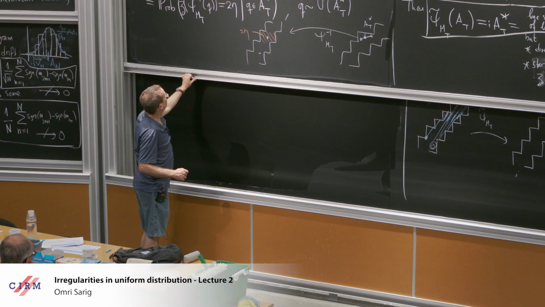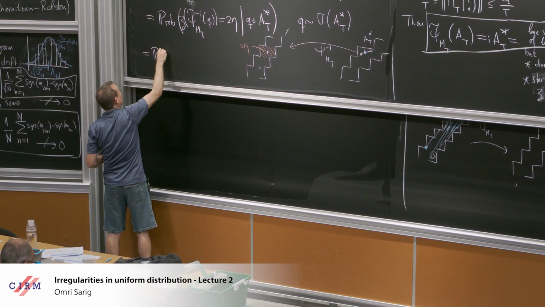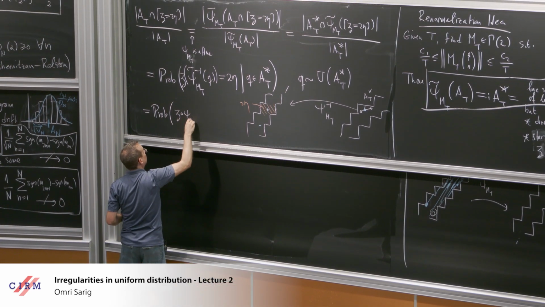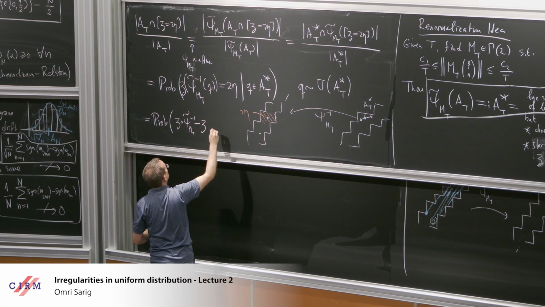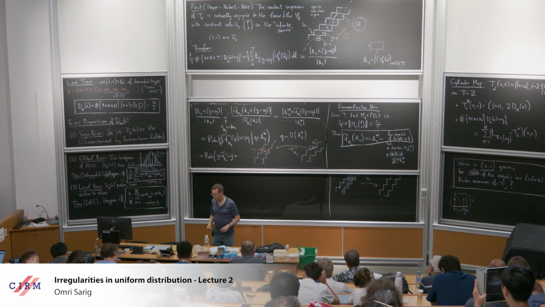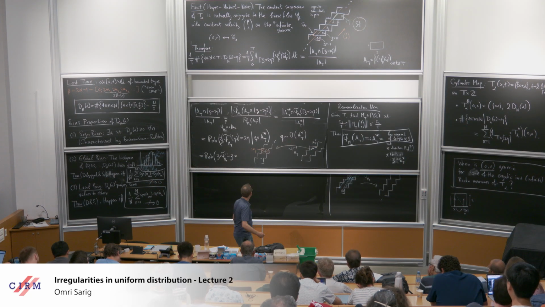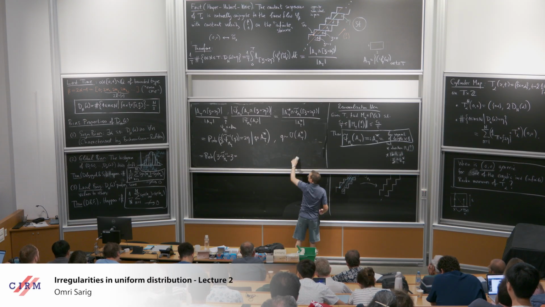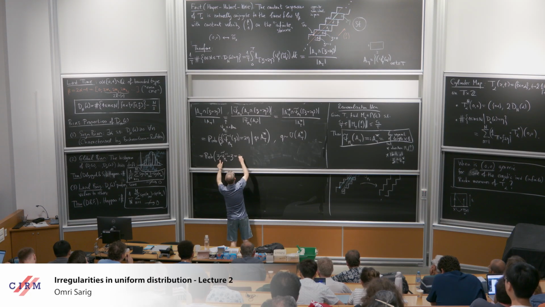Okay? So, let me rewrite this in this form. The probability that z psi mt minus 1 minus z is equal to 2 eta.